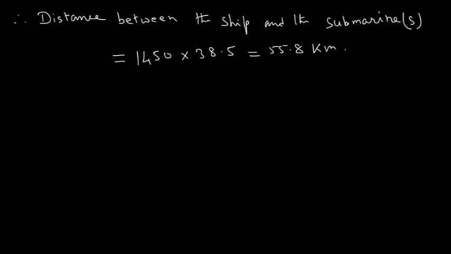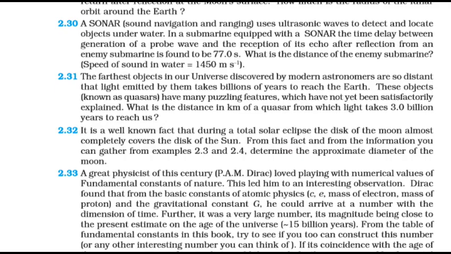Now let us check the next sum. 2.31. The farthest objects of our universe discovered by modern astronomers are so distant that the light emitted by them takes billions of years to reach the earth.